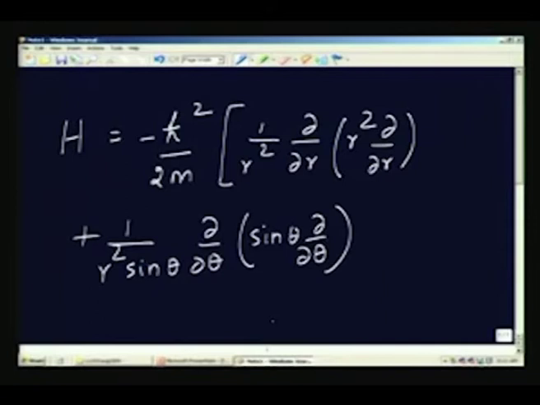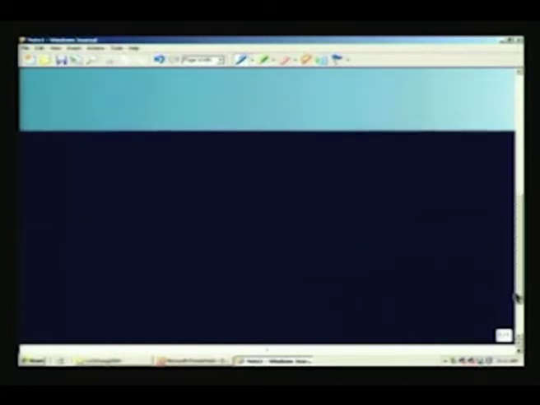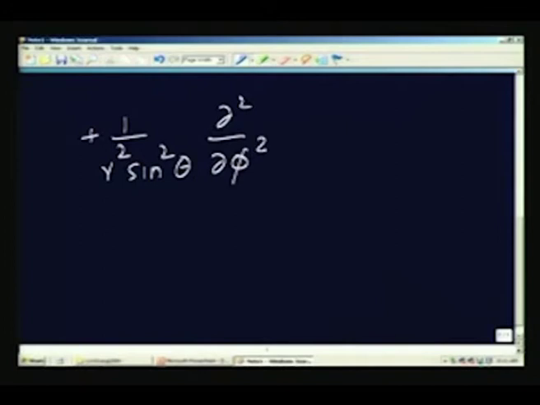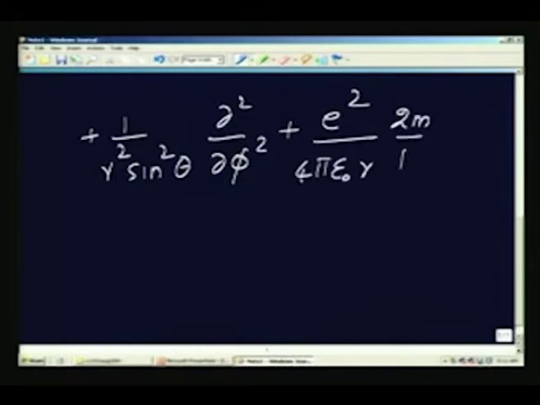This is one of the two angles involved as the coordinates, and the other term is plus 1 by r square sin square theta dou square by dou phi square, and of course you have the potential energy term, e square by 4 pi epsilon naught r, into 2m by h bar square.